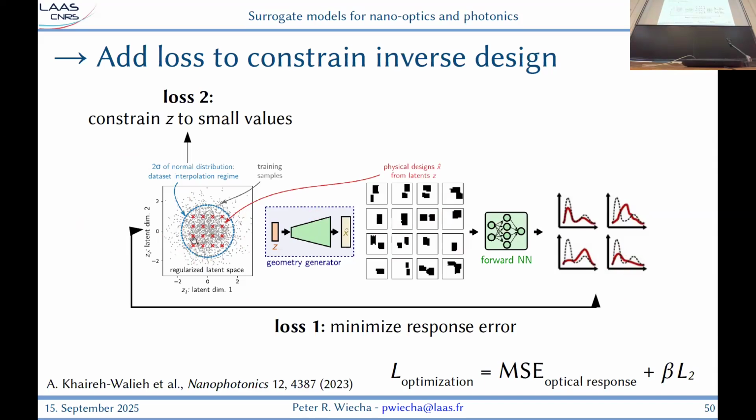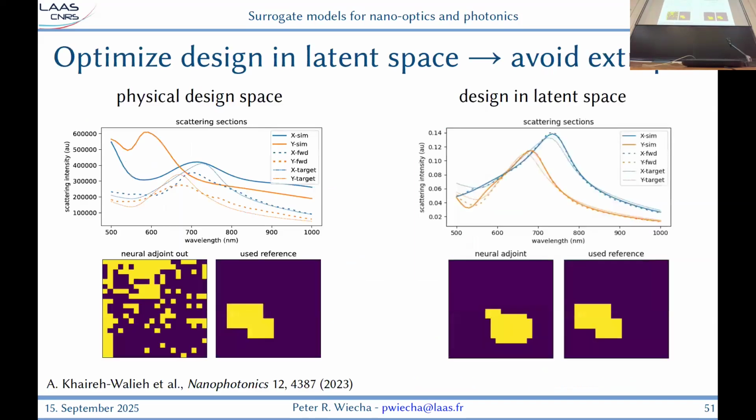Like this, we stay in a closed loop and remain in the region of meaningful parameter ranges. If we look at the toy problem that I showed before, what happens if we do this? We actually get a plausible nanostructure now, which has an almost correct scattering response, and most importantly, doesn't look like a pixelated pattern anymore.